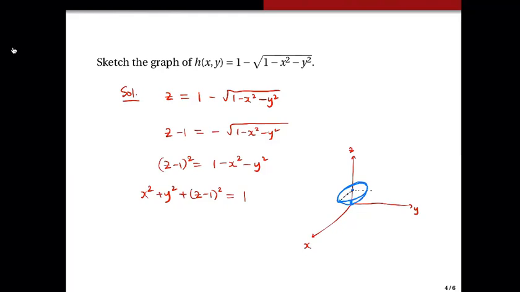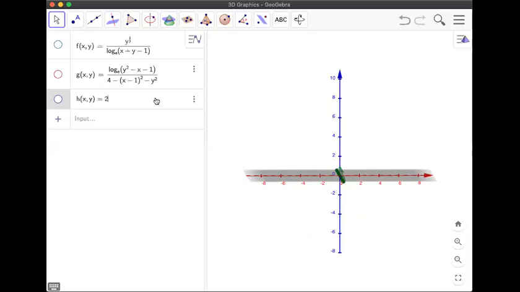So let me just sketch that in our graphing software. Let me show this here. So we have h of x, y, which is the quantity 1 minus x squared minus y squared raised to 1 over 2.